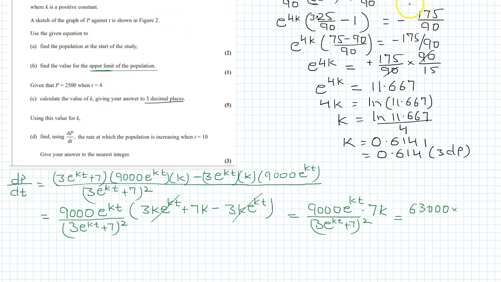We calculated the value of k, 0.61, and e to the power kt, t is 10, so that is 6.1, divided by (3 e to the power 6.1 plus 7) square.